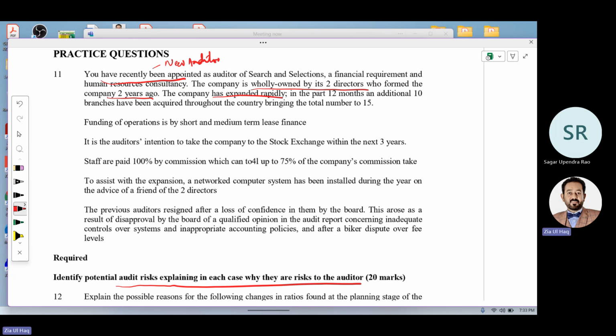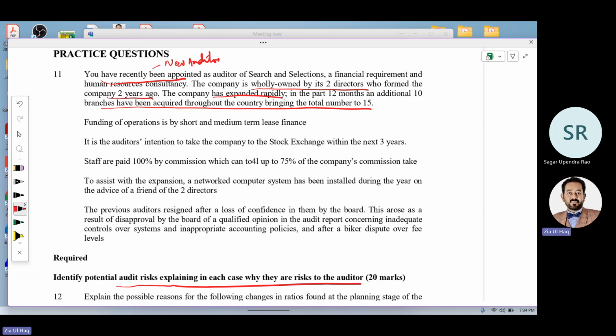Okay, how many have we found? 1, 2, 3, 4. In the past 12 months, an additional 10 branches have been acquired throughout the country, bringing the total number to 15. Now the company has 15 branches. If the company is expanding its operations, there are chances the control system is not properly implemented in the newly acquired branches.